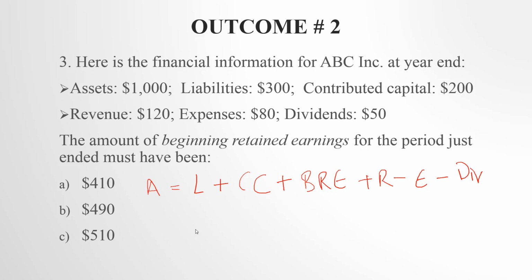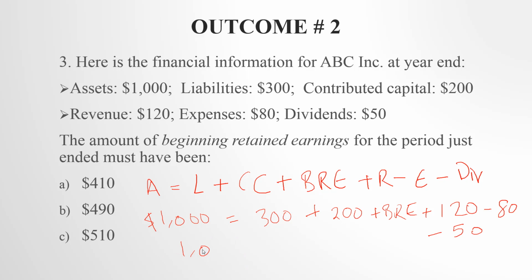Now the amount of assets here is $1,000. So we just plug in all the numbers. Liabilities are 300, contributed capital is 200, beginning retained earnings is unknown, revenue is 120, expenses are 80, and dividends are 50.